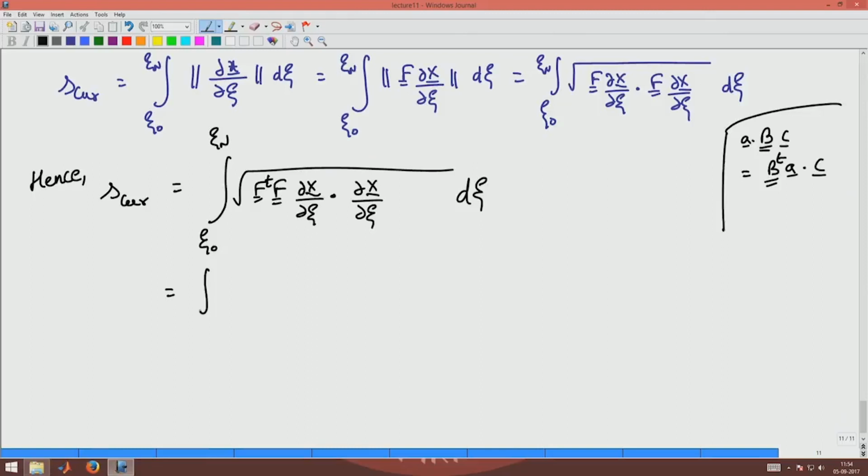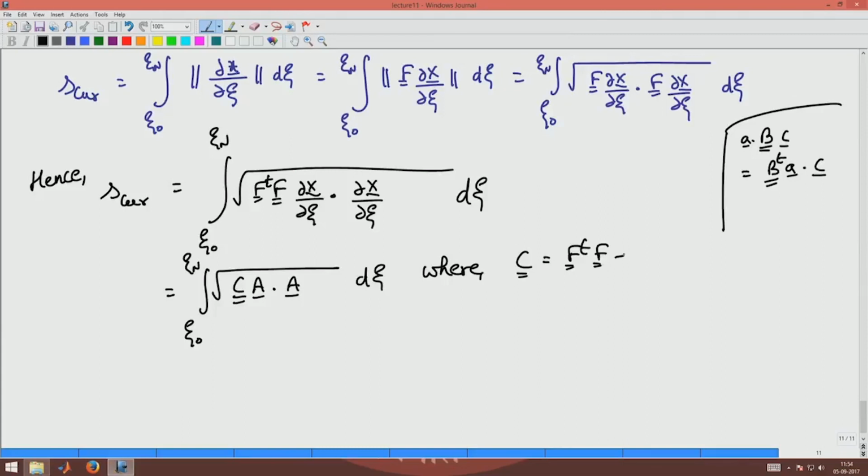This is the integral from psi 0 to psi n of the square root of C A dotted with A d psi, where C is nothing but F transpose F. This is the right Cauchy Green deformation tensor.